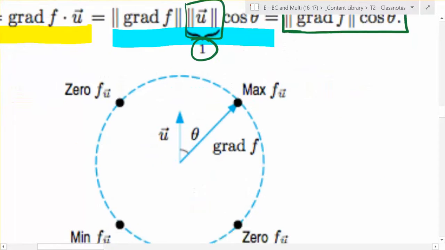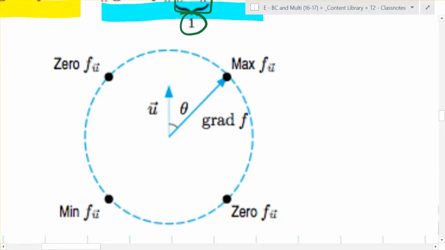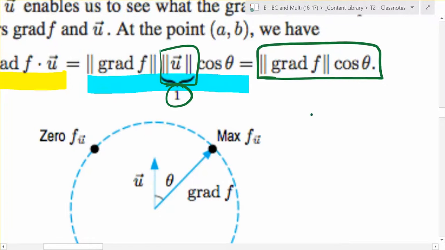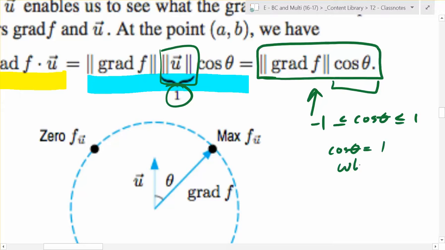So let's look at the circle here for a second. How would you maximize this? Well, what's the biggest thing cosine theta can be? 1. What's the smallest thing it can be? Well, it could be negative 1, right? Cosine of theta equals 1 when theta is equal to 0, right?